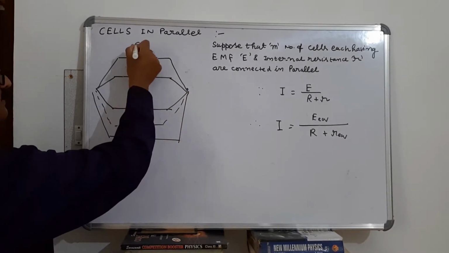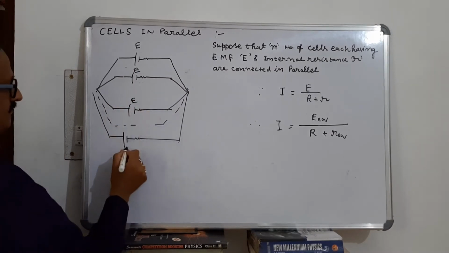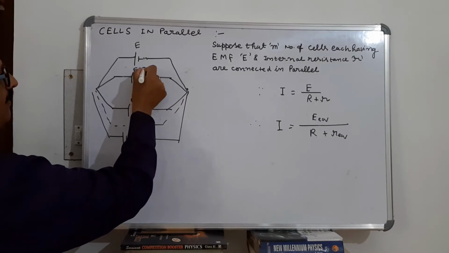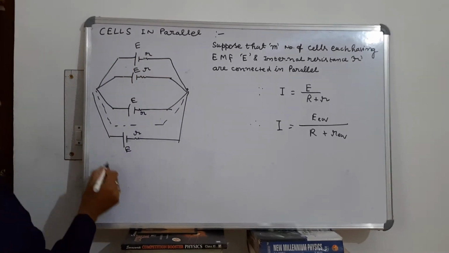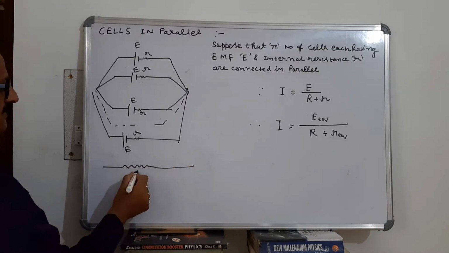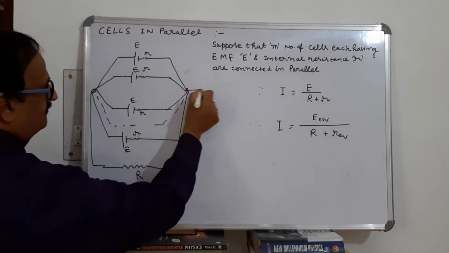EMF of each cell is E and internal resistance is r, and this is an external resistance. This combination is connected across an external resistance R.